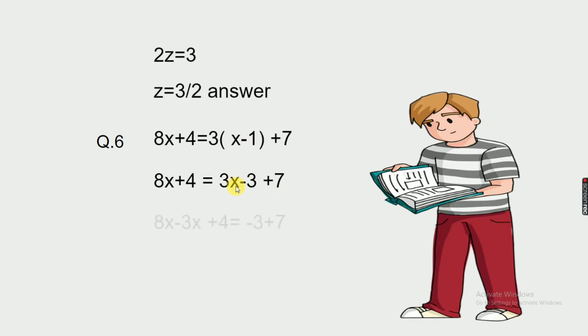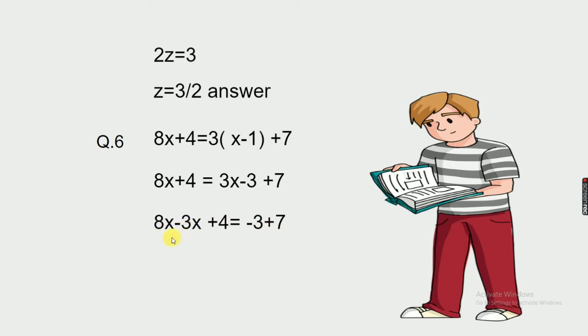Now, in the next step, we would transpose 3x to the left hand side. We got 8x minus 3x plus 4 is equal to minus 3 plus 7.